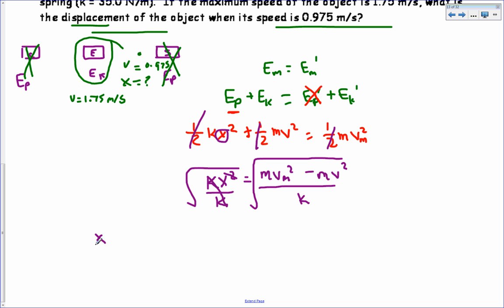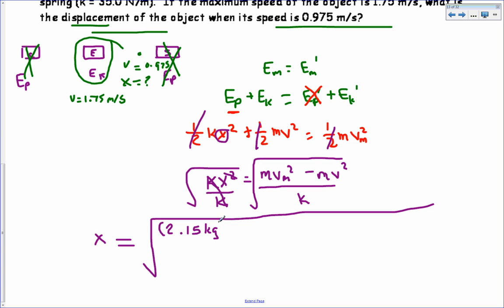So we have x is equal to the square root of mass, which is 2.15 kilograms, times the max velocity, which was 1.75 meters per second, and that's squared, minus 2.15 kilograms times 0.975 meters per second squared.